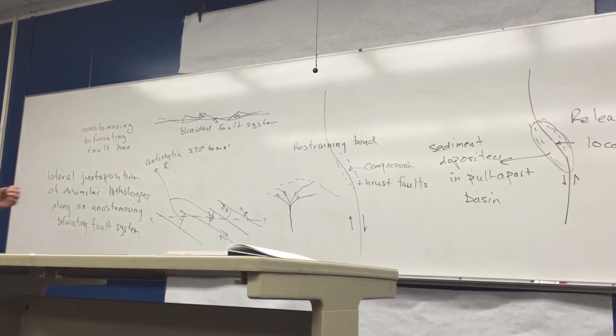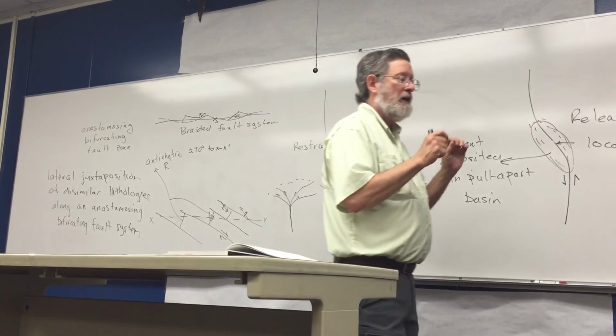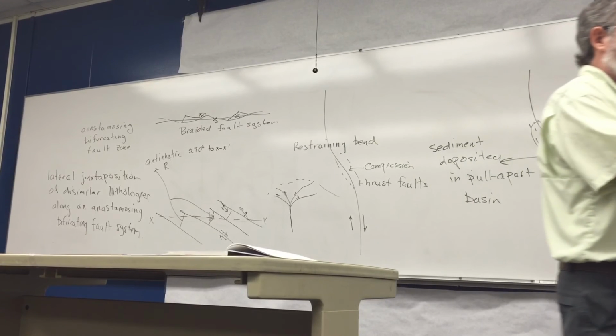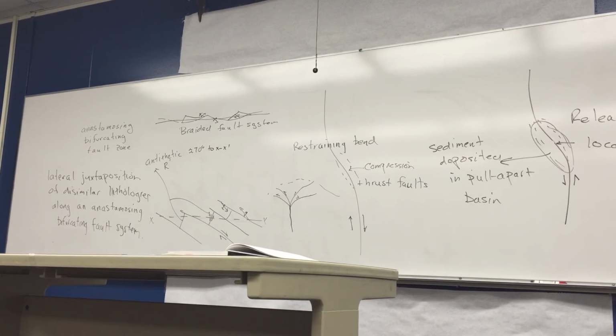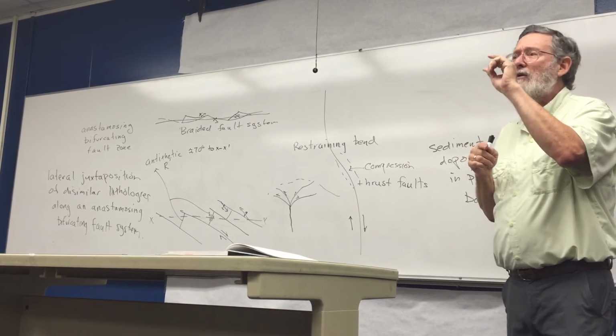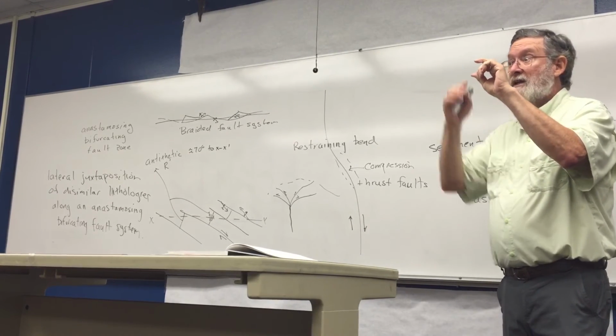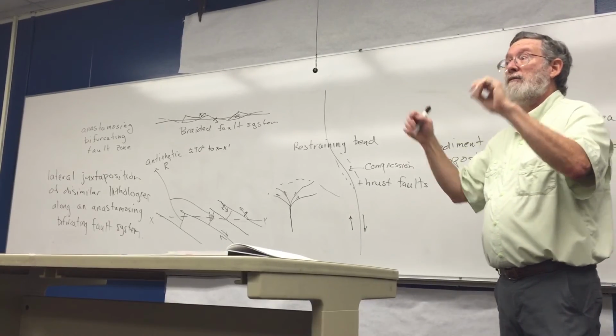Some of the key characteristics that we want to keep track of is that your synthetic faults start off at a low angle to the through-going fault plane and tend to rotate toward it. The antithetic faults tend to rotate toward 90 degrees to that through-going fault and are shorter and tend to connect up blocks.